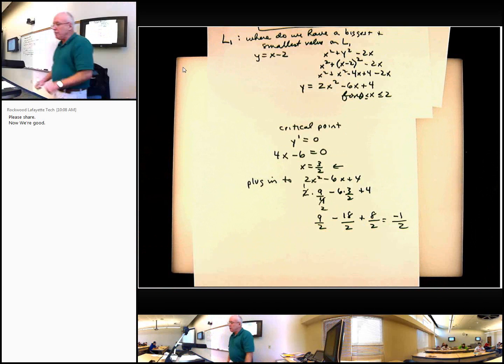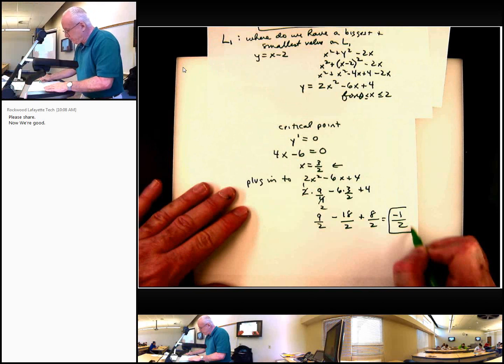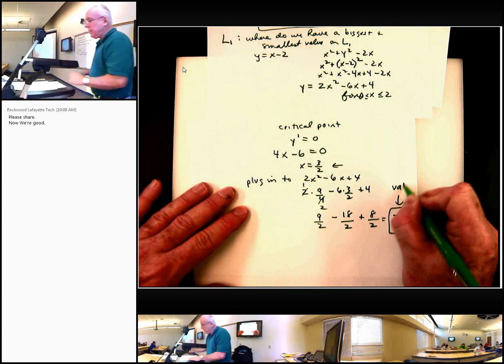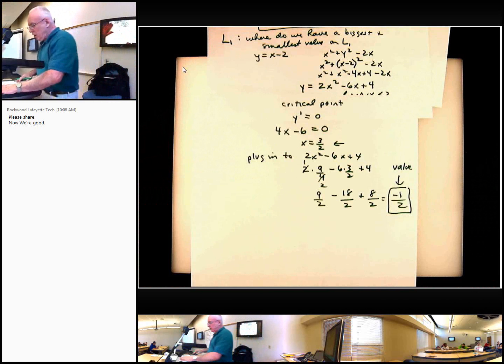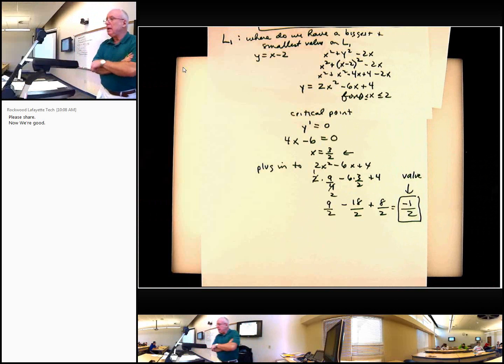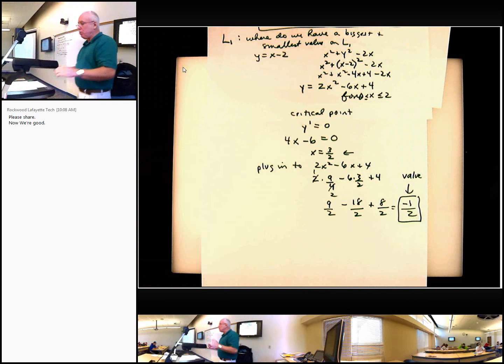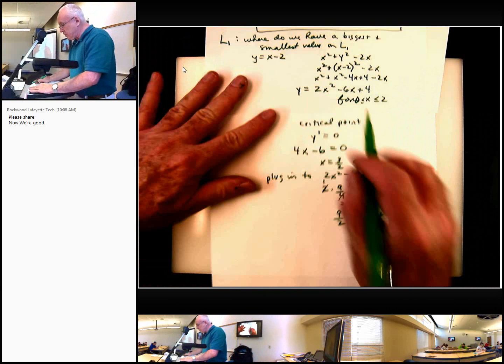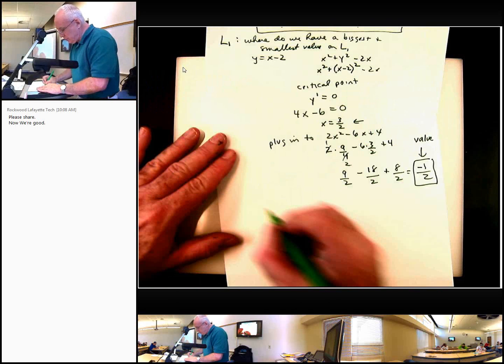So therefore our value here is minus 1/2, and we want to keep that handy also. Now, as Cassandra said, we need to also check the two endpoints. So we need to plug 0 and plug 2 into our function. So let's check the endpoints.